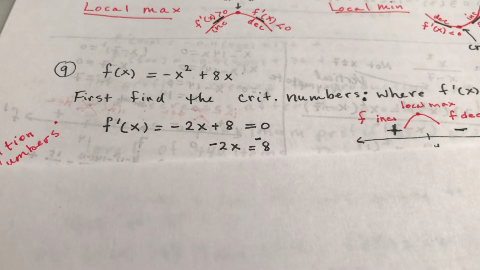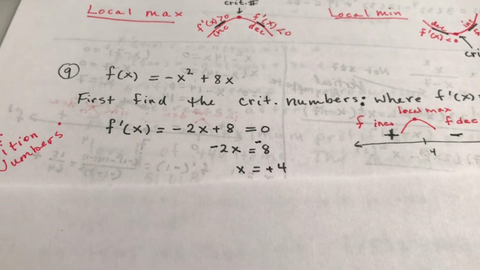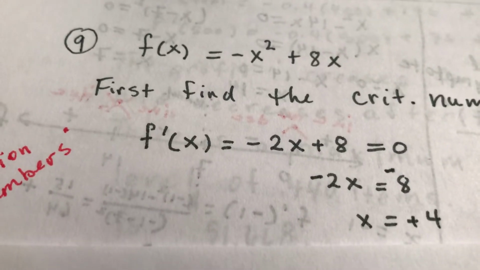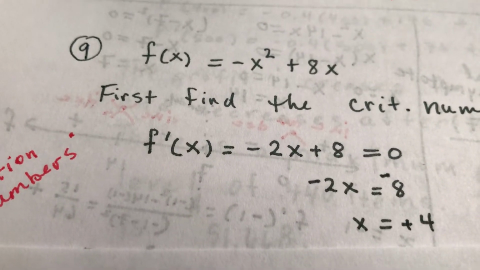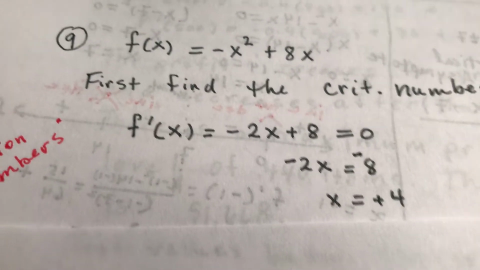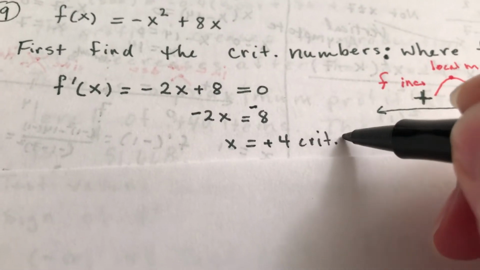Solve, right? Subtract 8, divide by negative 2, and you get x equals positive 4. So that is just taking the derivative and setting it equal to 0 and solving. And this is called a critical number, right here, or critical value, critical number.